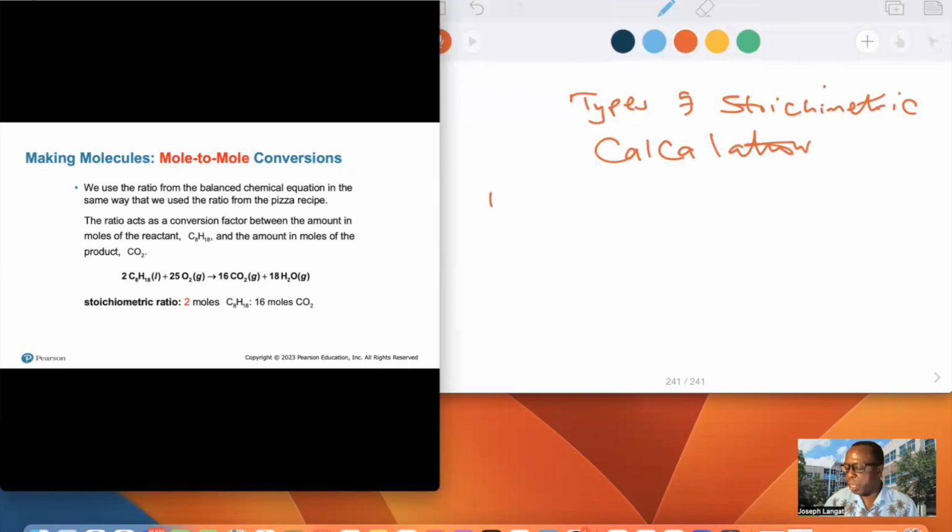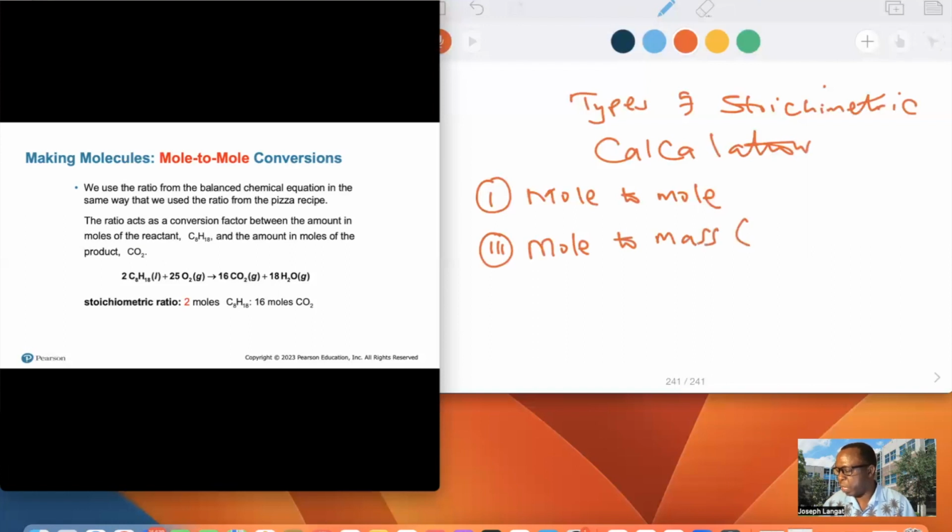What you see here is mole to mole. That means you are given certain moles of a reagent, how many moles of a product will be produced, or how many moles of reactant A will react with certain moles of reactant B. Then there is mole to mass. It's the same as mass to mole. It's the same thing.